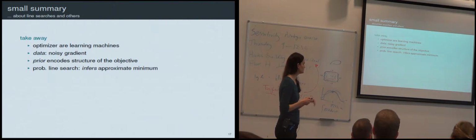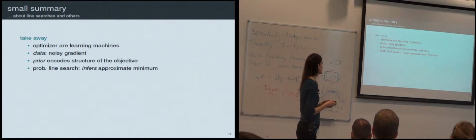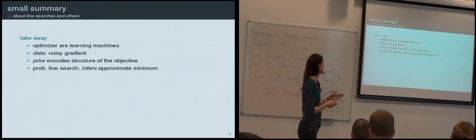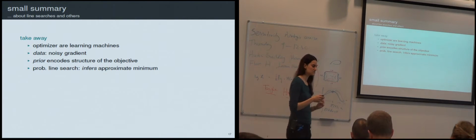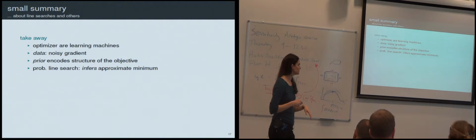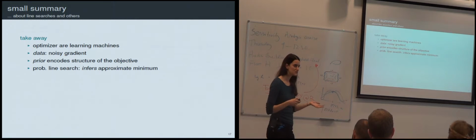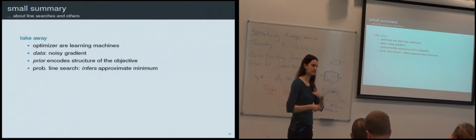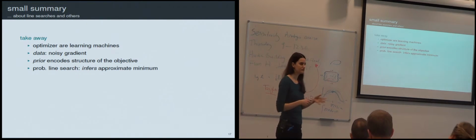Okay, so I hope this came across a bit: optimizers inside actually learn quite a bit. They can learn the step size. The data they take in their likelihood is in the end the gradients or the function values that are noisy. And the prior that you use tries to encode the structure of the objective, and you learn its hyperparameters on the fly. Then it can infer many things.